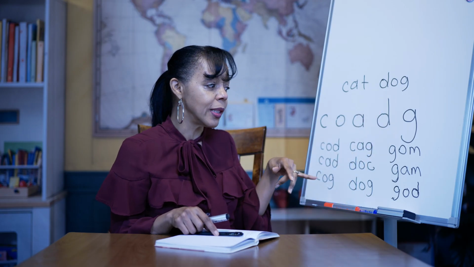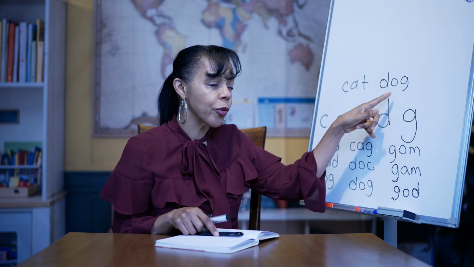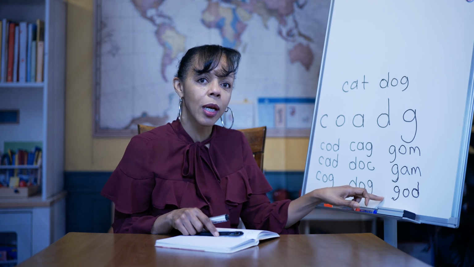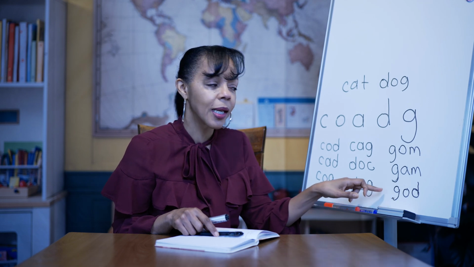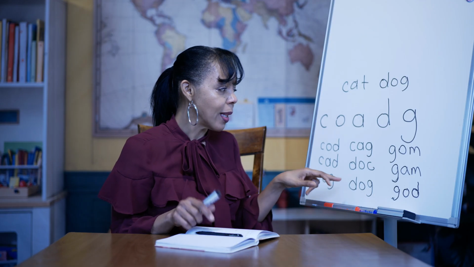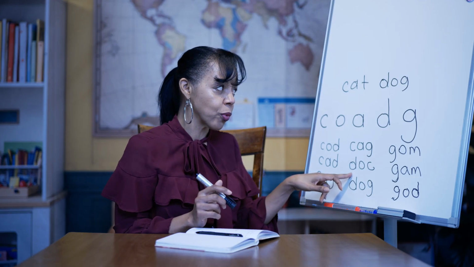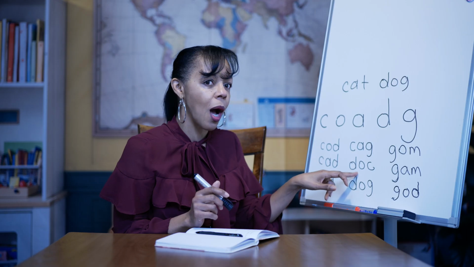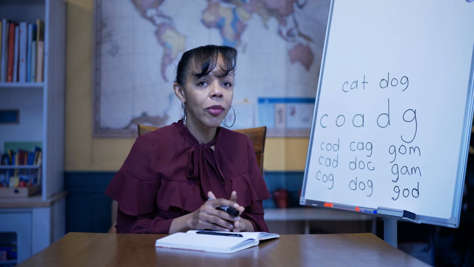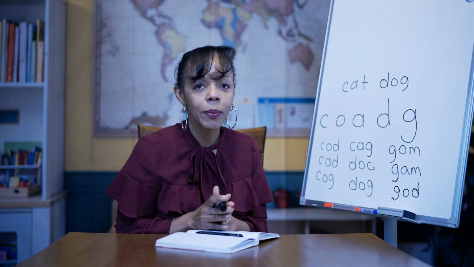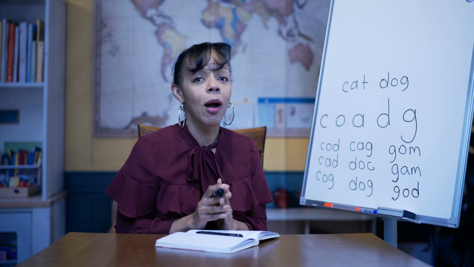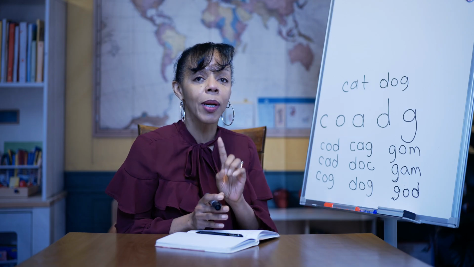So if you can read dog and you know the 3 sounds in that word, let's use them in a different order. God. Or let's try this word that sounds very similar to dog, dock.